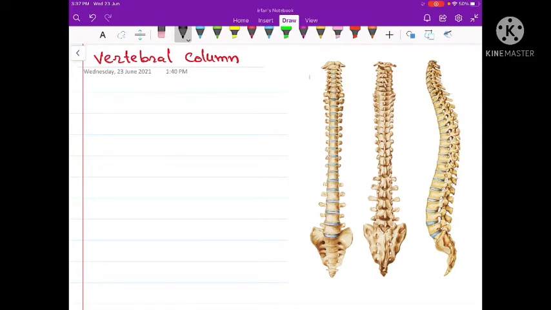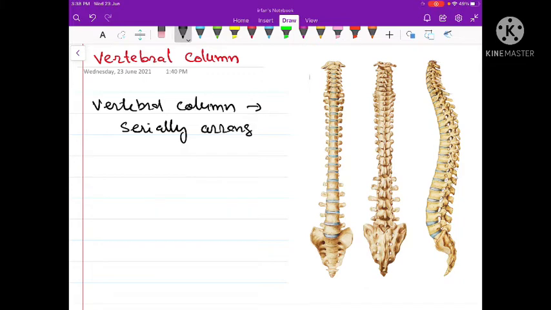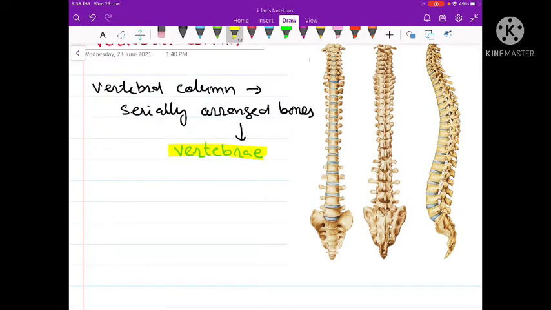Now as far as the vertebral column is concerned, the vertebral column is formed of serially arranged bones called vertebrae. The number of vertebrae present in our vertebral column is 26.